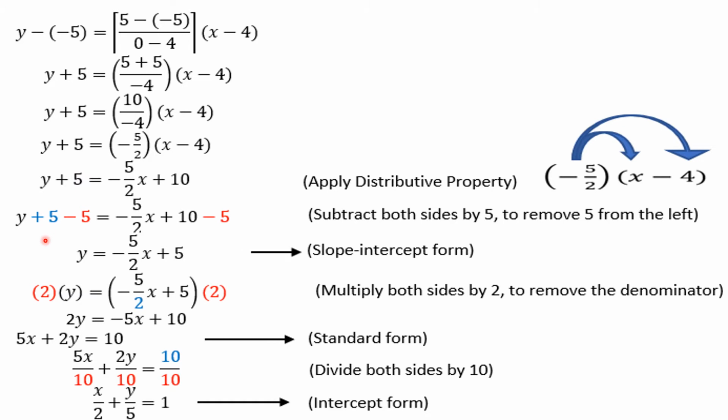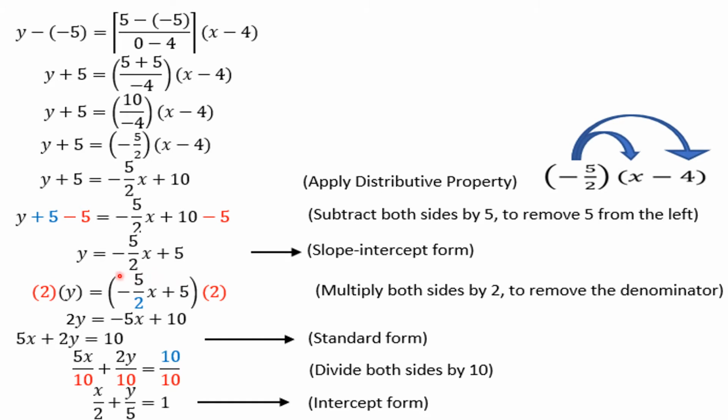So we subtract both sides of the equation by 5 to remove the positive 5. What remains is y alone on the left side of the equal sign. So we have y equals negative 5 halves x plus, 10 minus 5, that is positive 5.